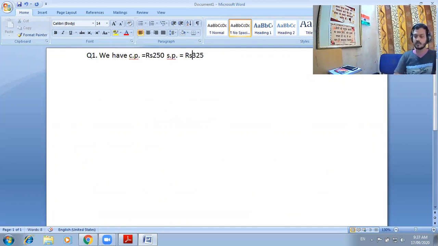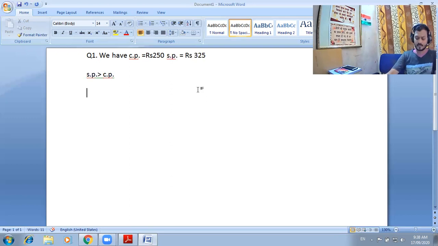Firstly, write all the given data from the question, then decide which value is greater, CP or SP. SP is greater than CP, and we know that when the value of SP is greater than CP, it means a person is getting profit in that process.